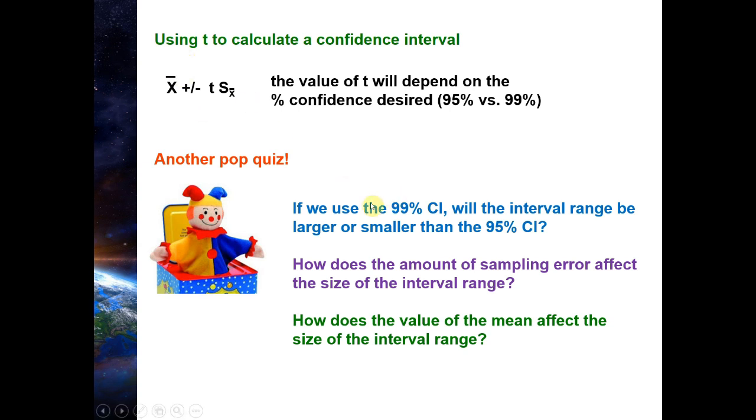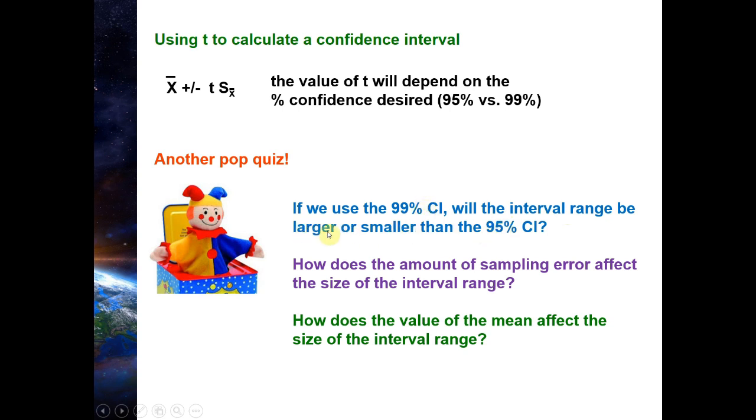If we use the 99% confidence interval, and all these questions actually are true whether you're using t or z, okay? If we use the 99% confidence interval, will the interval range be larger or smaller than a 95? Well, it's going to be larger.